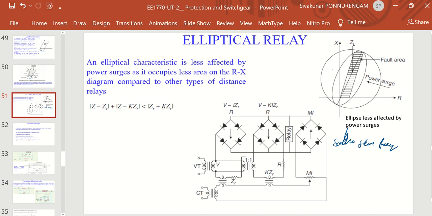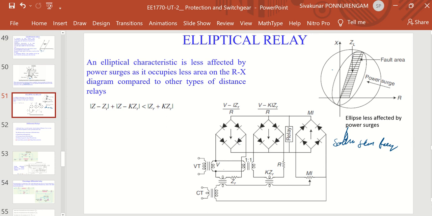Based on that balance point, we obtain the elliptical characteristic, which is less affected by surge and occupies less space on the RX diagram. The voltage applied here is fed into the circuit, so we obtain the DC current here. Again, the CT is also applied to this circuit.